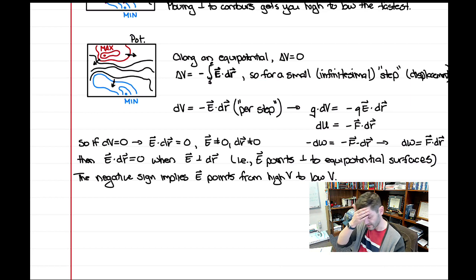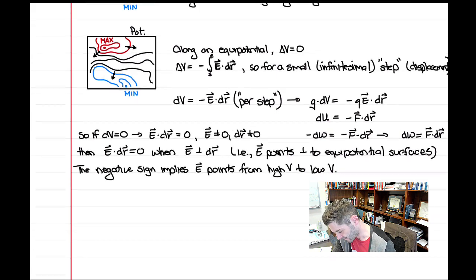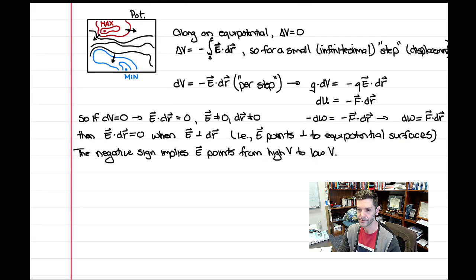And again, the magnitude, the strength of the electric field at that point, would then be related to the density of the contours. How much does the potential change? Delta V. In the sense, if we just think of it as bulk quantities, a delta V divided by a delta S, and there's a negative sign thrown in there for direction, gives you a sense of the magnitude of the electric field.